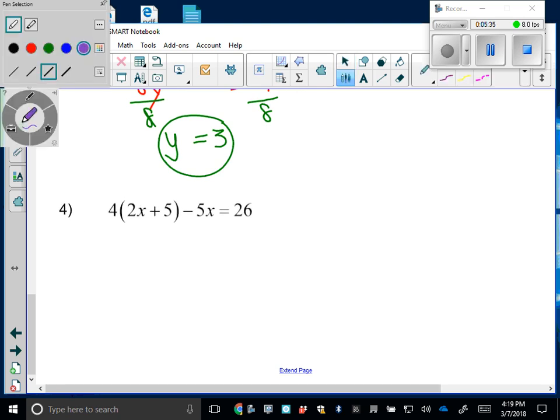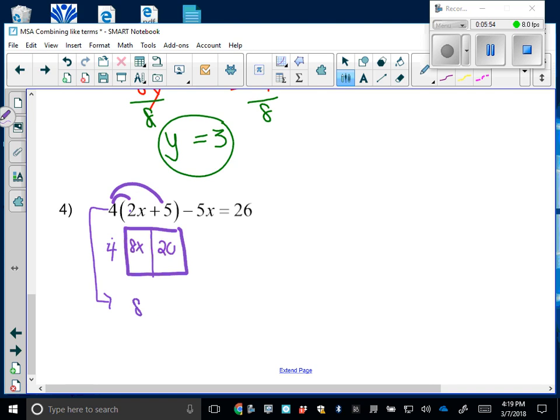So in order to combine like terms, I have to do the distributive property either multiplying in or using the area model. So 4 times 2x is 8x. 4 times 5 is 20. So this is 8x plus 20.